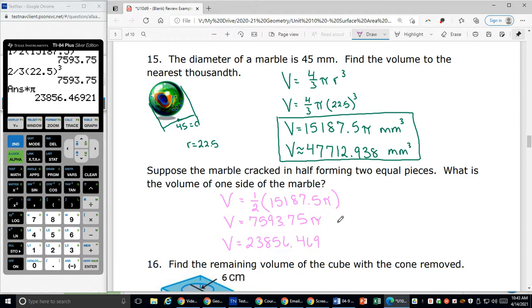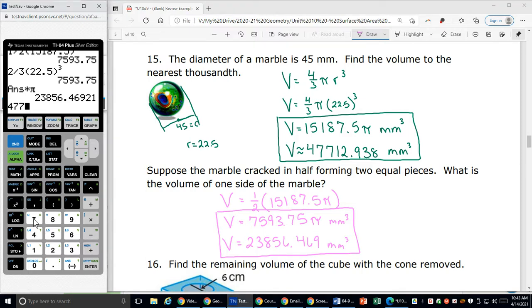And I put the pi in here. So these are millimeters cubed and millimeters cubed. Okay, and again for the approximate one, I could have taken that 47,712.938, and I could have divided that in half and gotten the same answer. Okay, either way, multiple ways to do some problems.